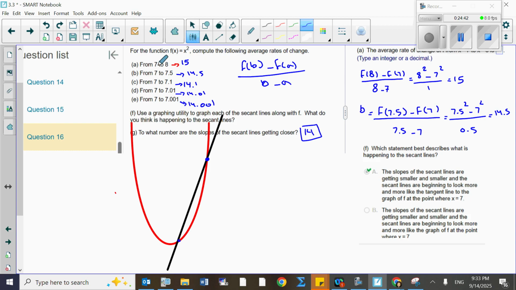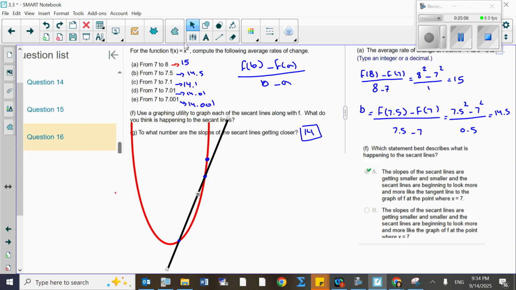So 7 to 8, 7 to 7.5, 7.1, and so on. So the second point is getting closer to the first one. So if I move this point here, which is a little bit closer to the first point, this is what is going to happen. See, so the secant line is going to look like this.